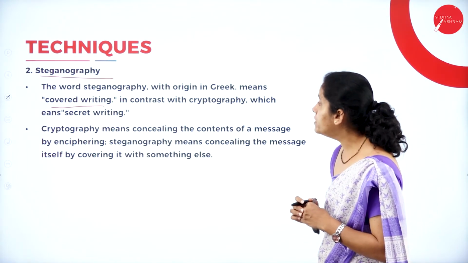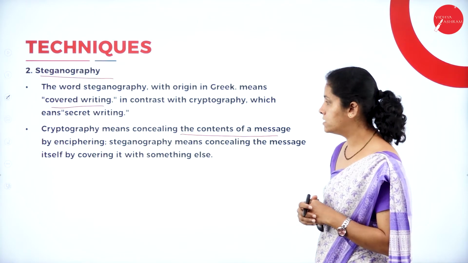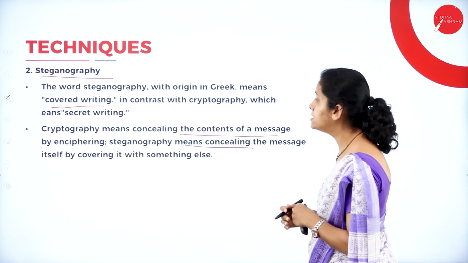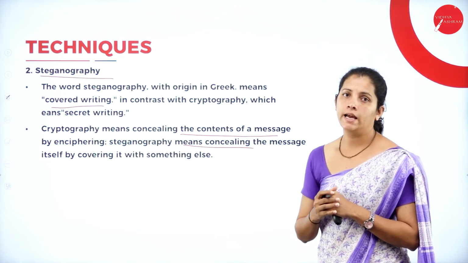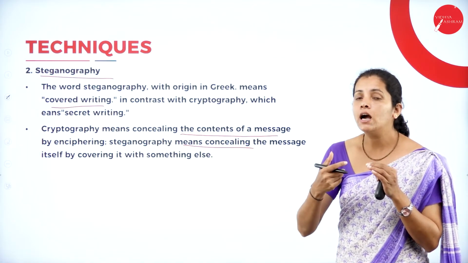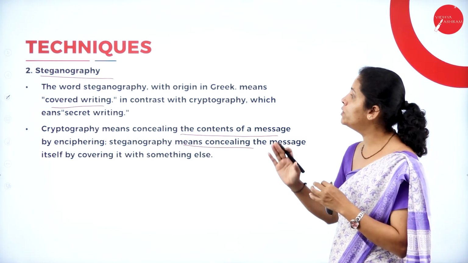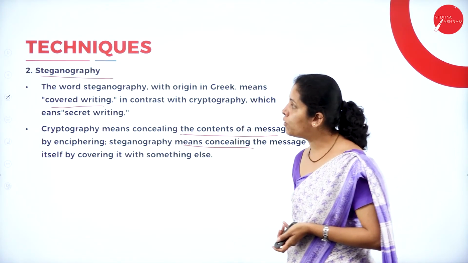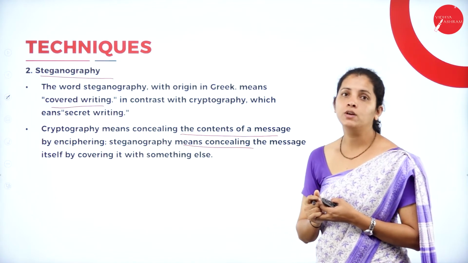Cryptography means concealing the content of the message by enciphering, whereas steganography means concealing the message itself by covering it with something else. That means in steganography, we embed the data within audio files, video files, or images. We cover the data. The covered writing itself is called steganography, and it is used for specific occasions.